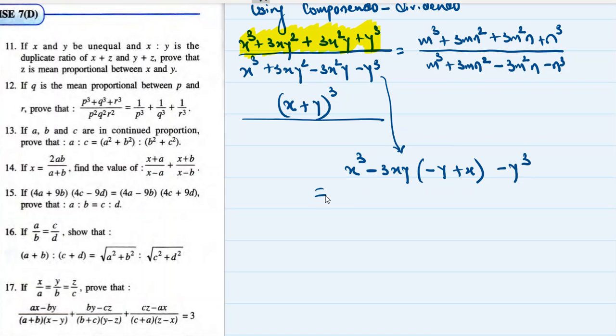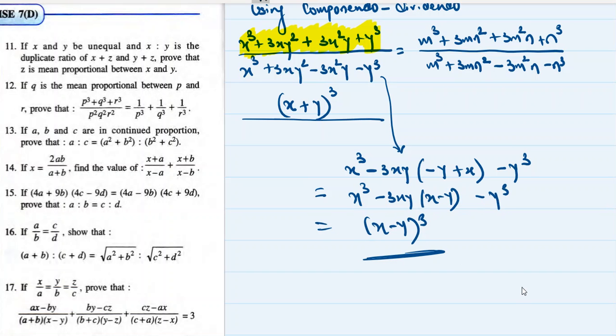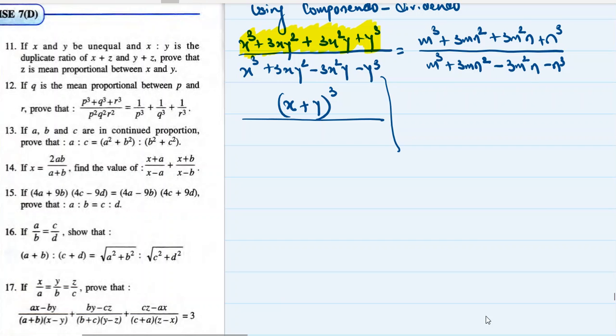So this will become x cube minus 3xy bracket x minus y minus y cube. And this is nothing but the identity of x minus y the whole cube. So I can directly write x minus y the whole cube. I don't have to mention everything. So x minus y the whole cube.